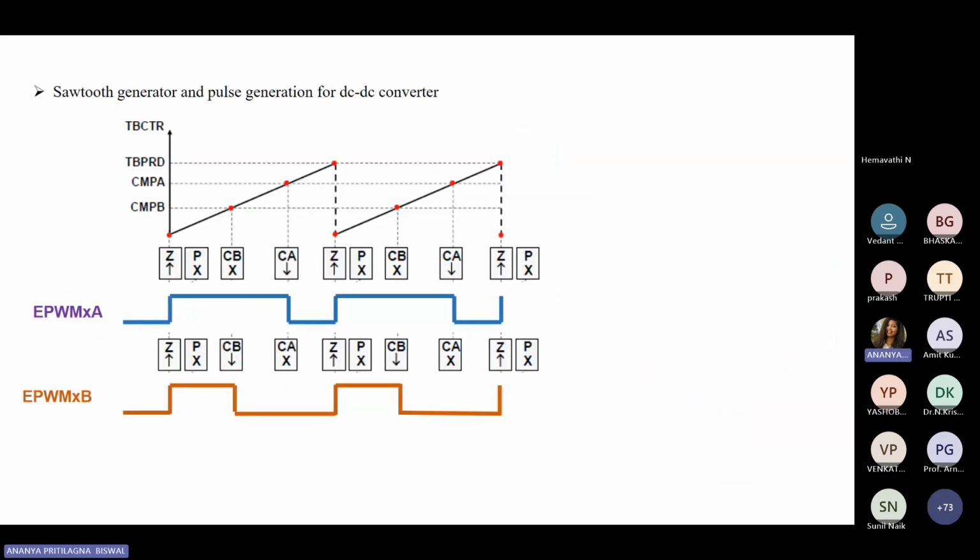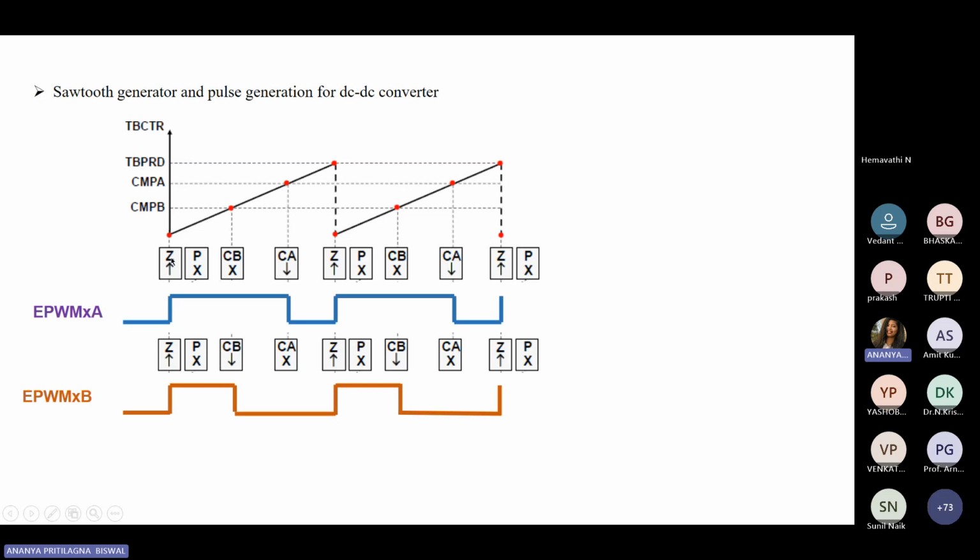So this is the comparator, how the C2000 compares with comparators for generating PWM. This is up counting. Here, two comparators we have taken, CMPA and CMPB, TBPRD, and this is TBCTR.